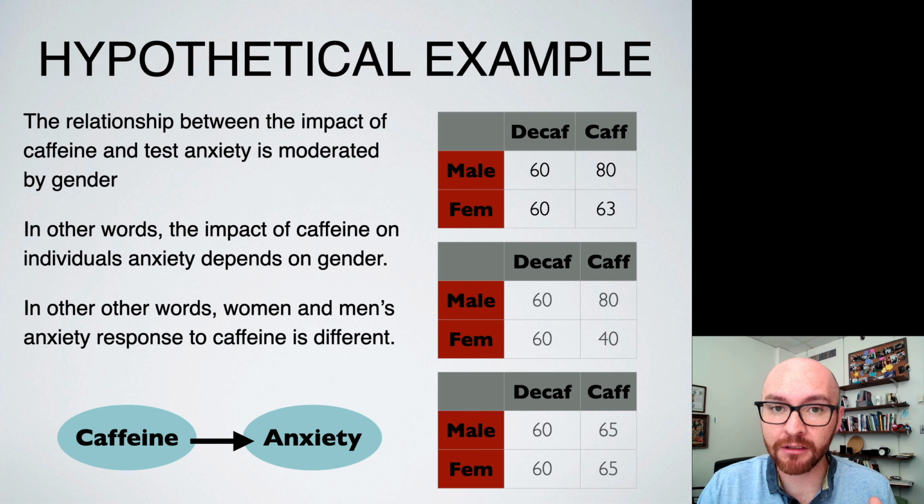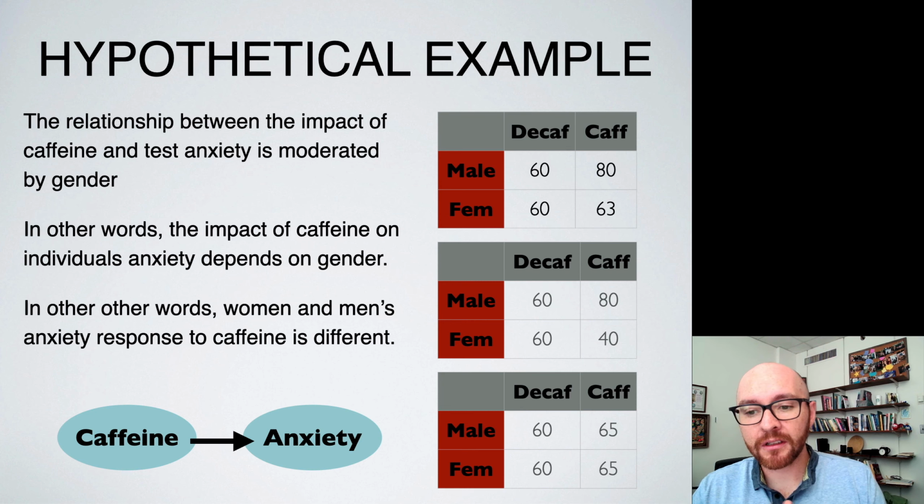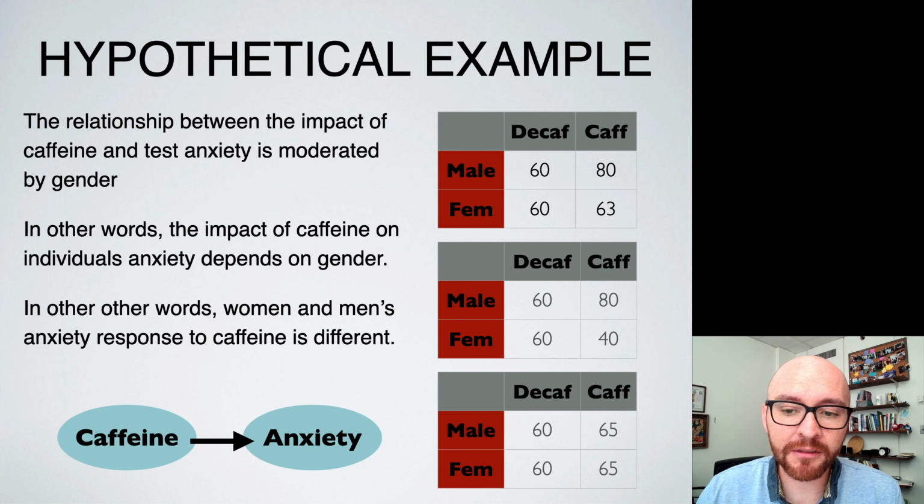You're not claiming a causal relationship. But let's look at that first table, the one on top. So you have gender on the left, and you have decaf, or the caffeine situation, on top, and the measures of anxiety are the actual numbers.